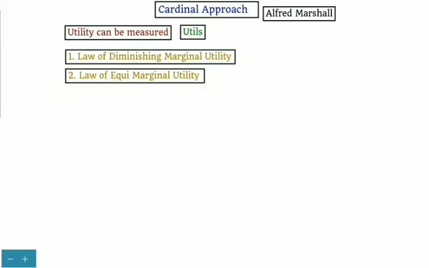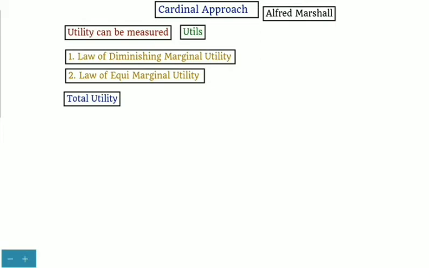we have to know about total utility. Total utility is nothing but the utility we get when we consume products or commodities. For example, let's say that we are having 10 mangoes.